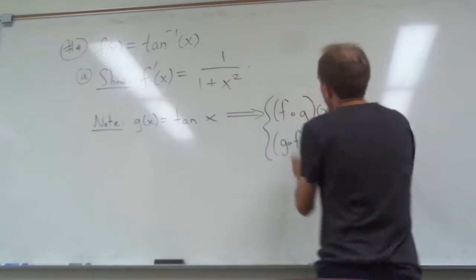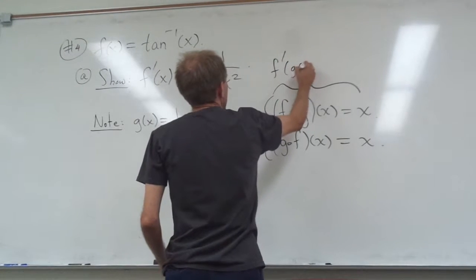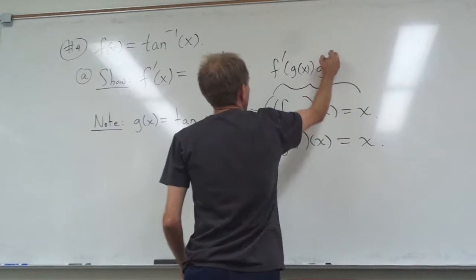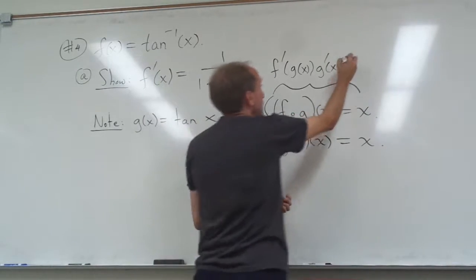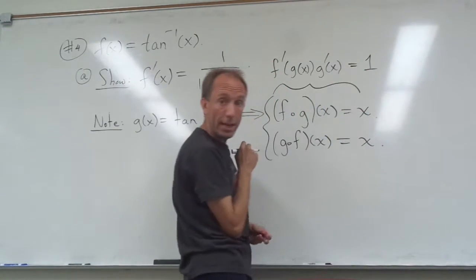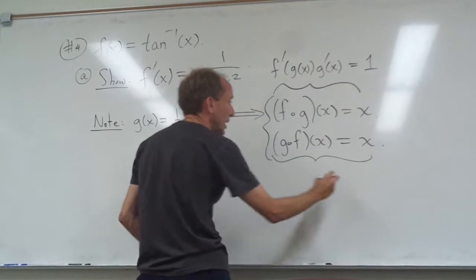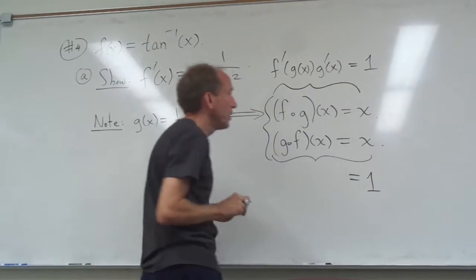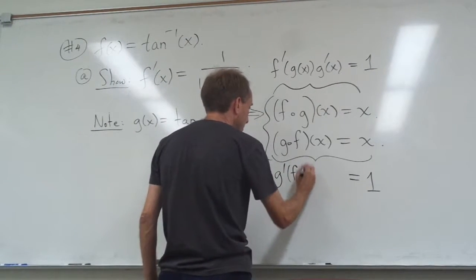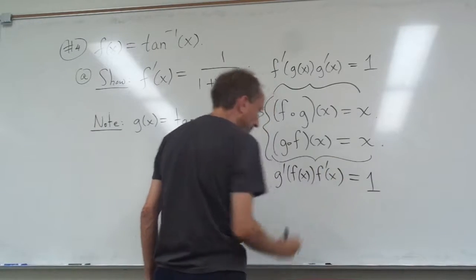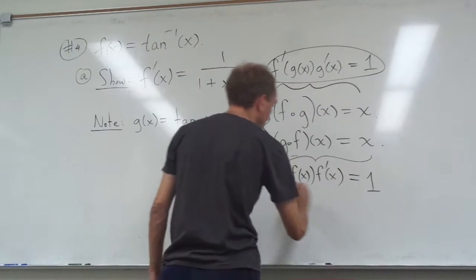If I use the one on the top, I'm going to write down what the chain rule tells you: you take the derivative of the left side, and that equals the derivative of the right side. On the other hand, if you do the same thing to the bottom one, you're going to have g prime of f of x times f prime of x. The question is, would you rather work with this one or this one?